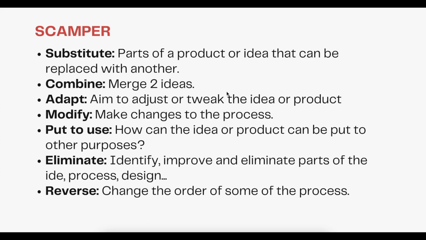Sometimes you start with an initial idea, or sometimes you start with things that already exist. So let's say you want to improve a product, you start with the product that you have right now, and then you go through this brainstorming session to come up with new ideas. So basically you follow these 7 lateral thinking techniques.